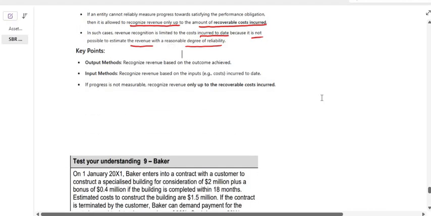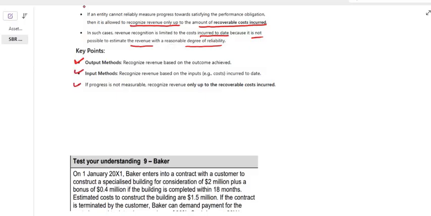So in this topic, we have the key point. You have the output method, the input method, and if progress is not measured reliably, what you will do. The output method is based on the outcome you have achieved in the completion.